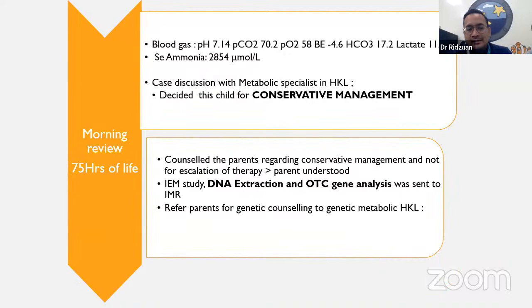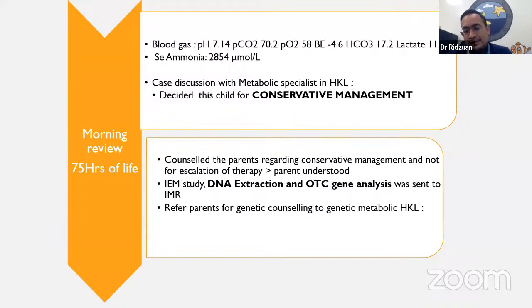The next morning, at 75 hours of life, the blood gas worsened, showing mixed respiratory and metabolic acidosis with increasing lactate. The second serum ammonia was 2,800 already, and this case was discussed with the metabolic specialist in HKL.